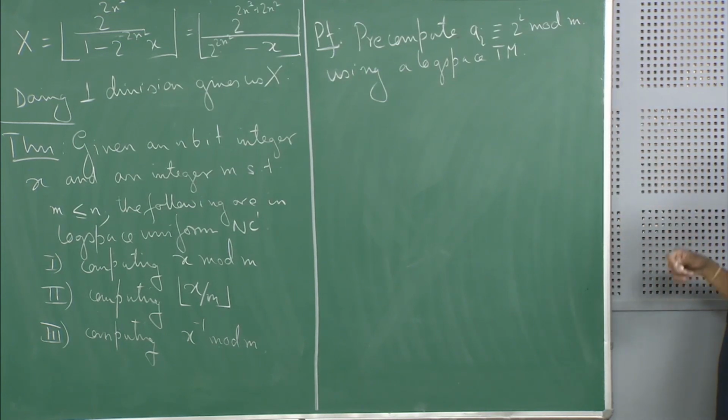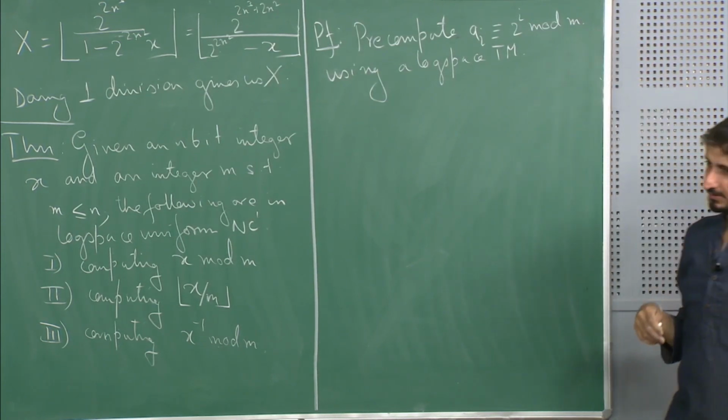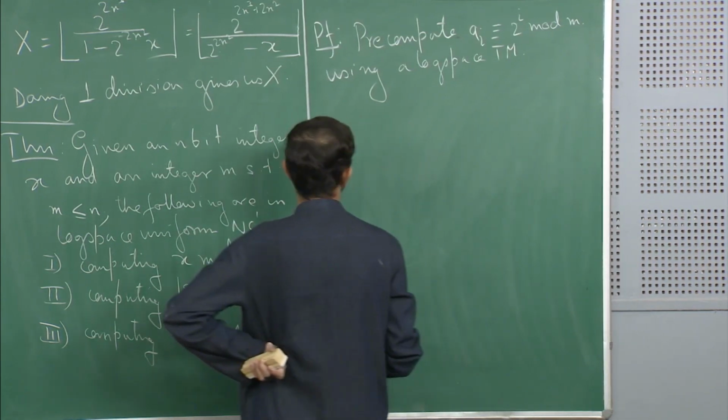Yeah, maybe you can do this in NC1 also, but it does not matter. I can do this very easily in log space.